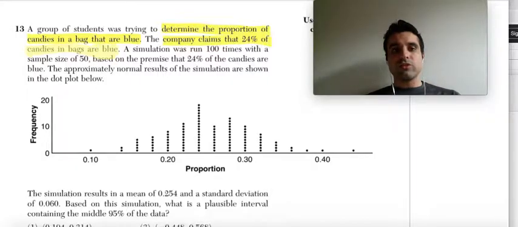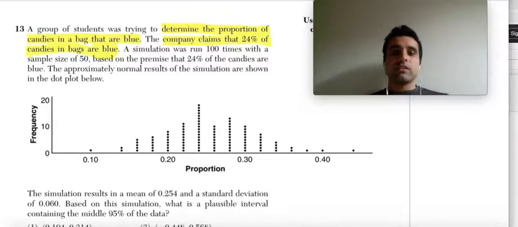So the students ran a simulation 100 times with a sample size of 50 based on the premise that the company was being honest and 24% of the candies are blue. The approximately normal results, a normal distribution of the simulation, are shown in the dot plot below.